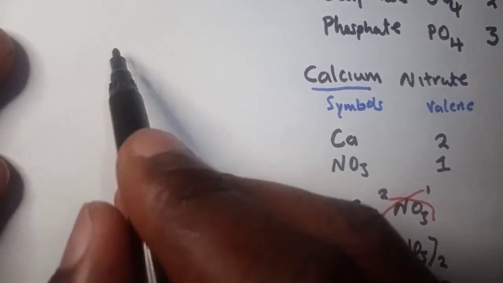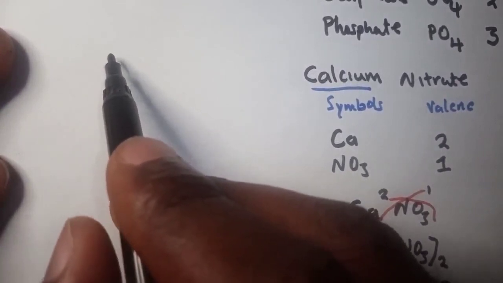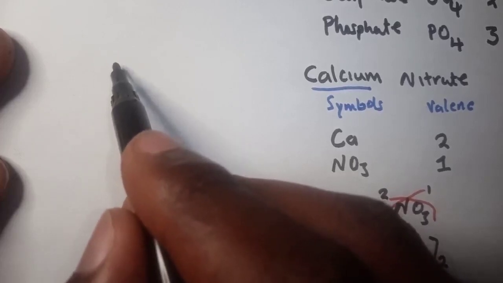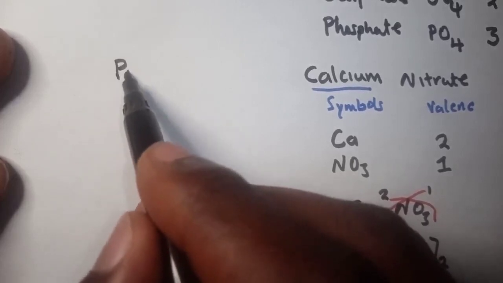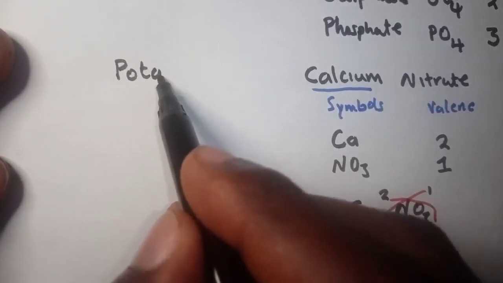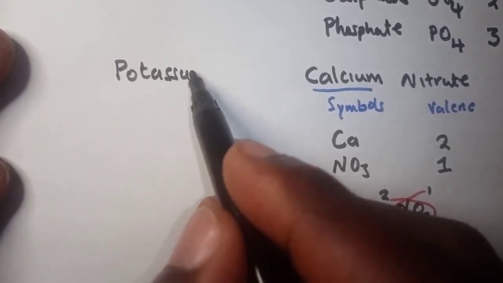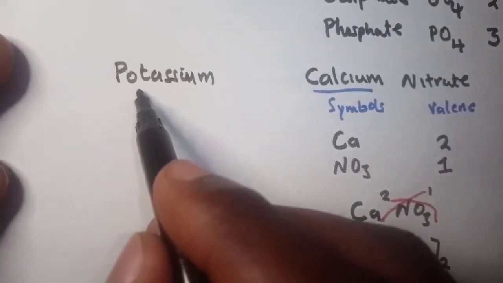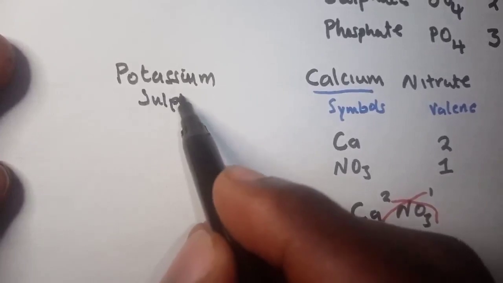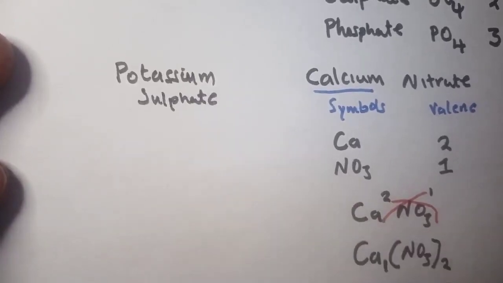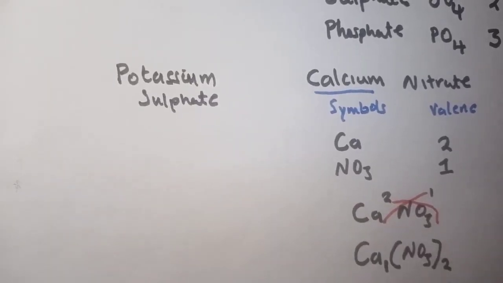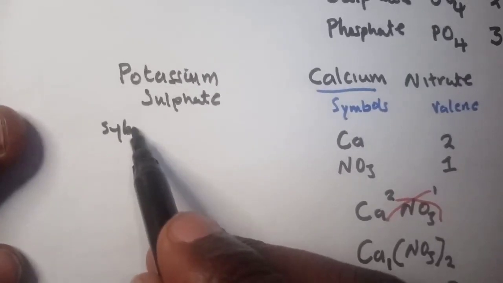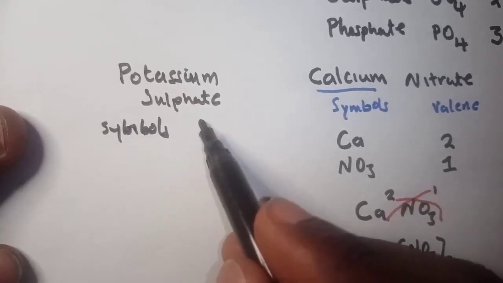So here in this example again, now we have to write the chemical formula for potassium sulfate. All right, potassium. So remember symbols, then valency.